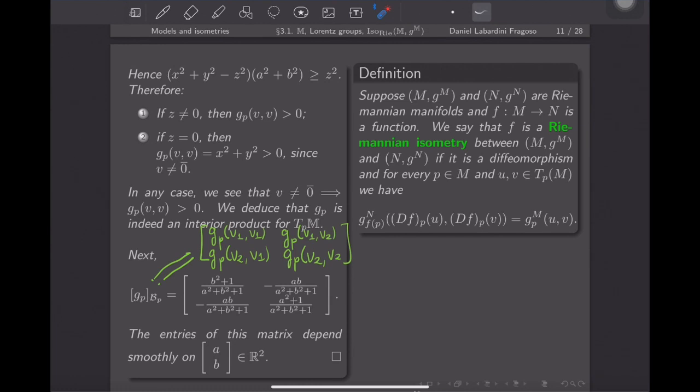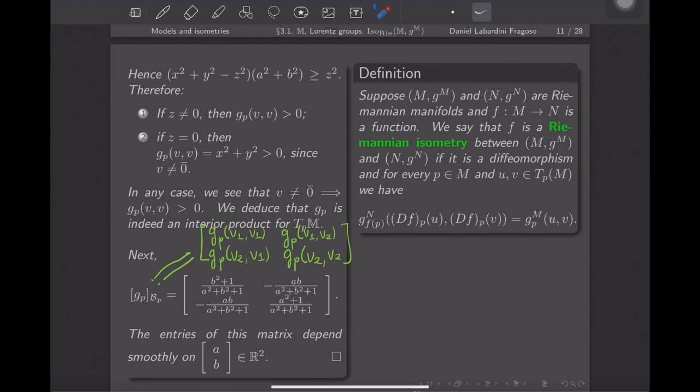In the end, at least for the hyperboloid, it really is the same to speak about the isometries as a metric space and about the Riemannian isometries. So in this case the two notions coincide. But I prefer to take the viewpoint of Riemannian isometries.